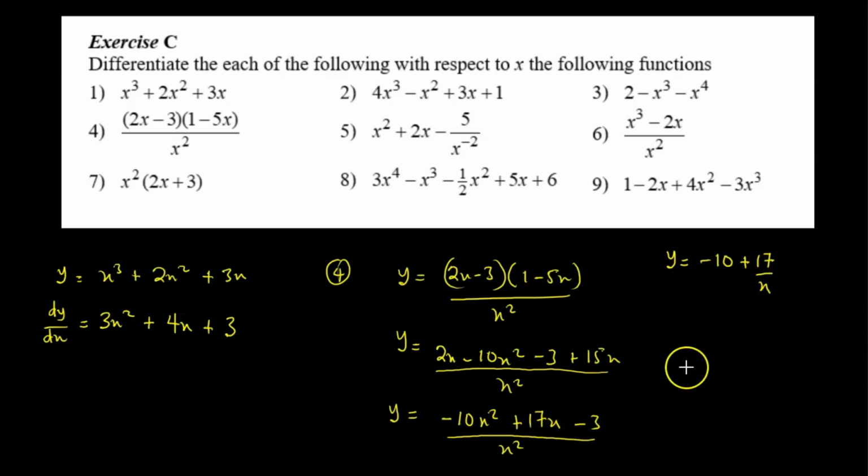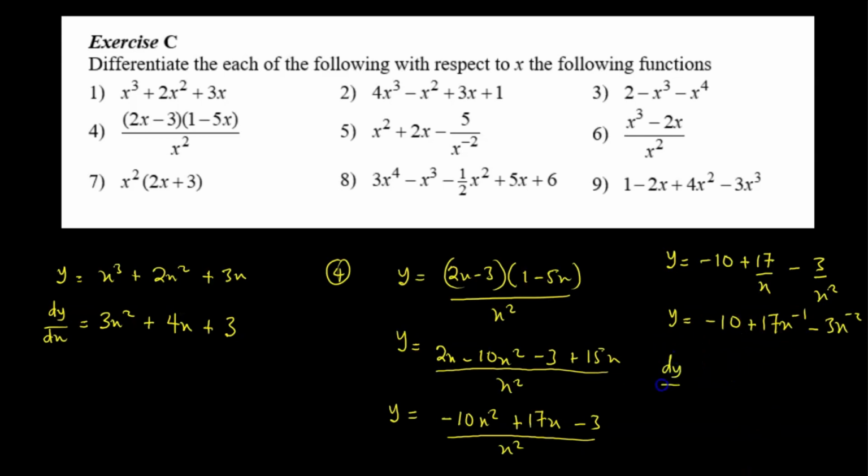Then finally we have negative 3 on x squared. So to write it in the power form, y will be equal to negative 10 plus 17x to the power negative 1, then minus 3x to the power negative 2. So I've written it in a form whereby I can easily use the simple derivative to work it out.